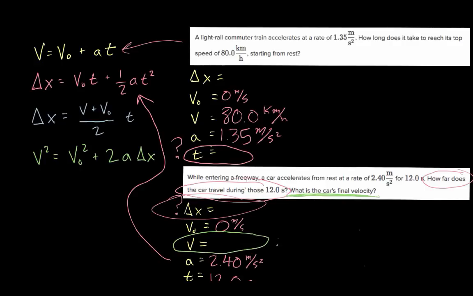We've already identified these different pieces that we know. And if we did the first part of the problem, we would actually have a value for delta x here. But assuming we didn't find that yet, we could look at this and say, what's the car's final velocity? I want to look for something that has v in it and has these other three things that I know.